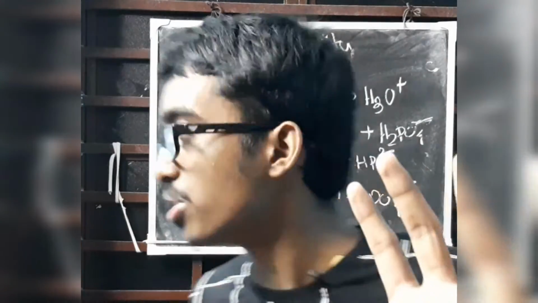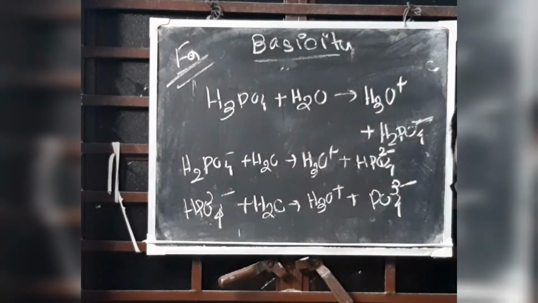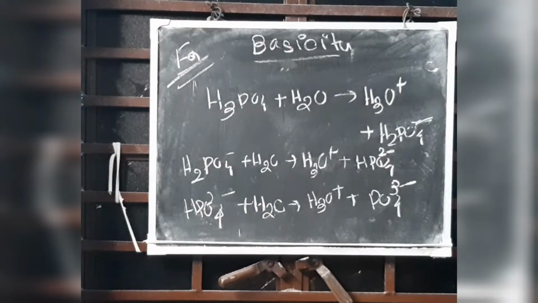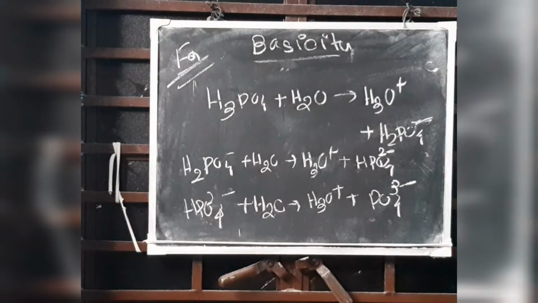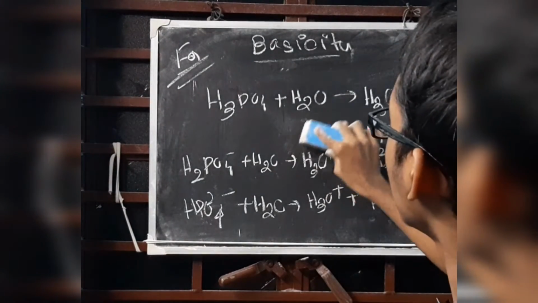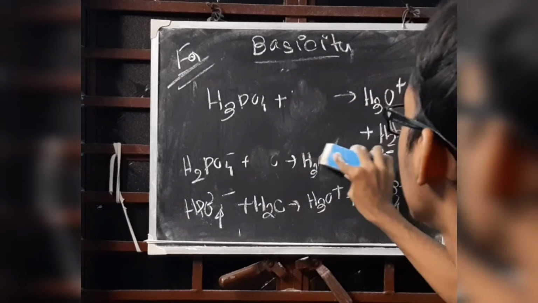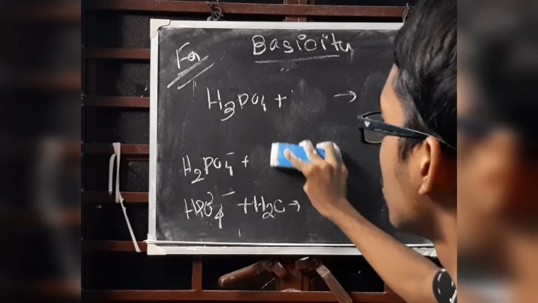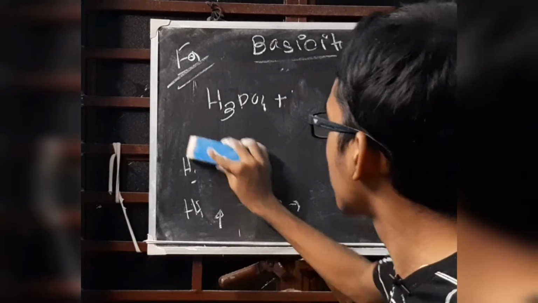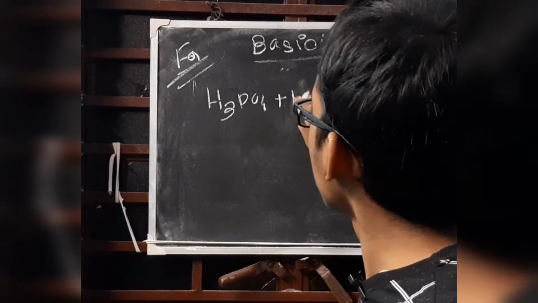Now if I give NaOH instead of water, what difference will come? Only the product side will change. You will understand that when you do some numerical reactions. So H3PO4 plus NaOH.